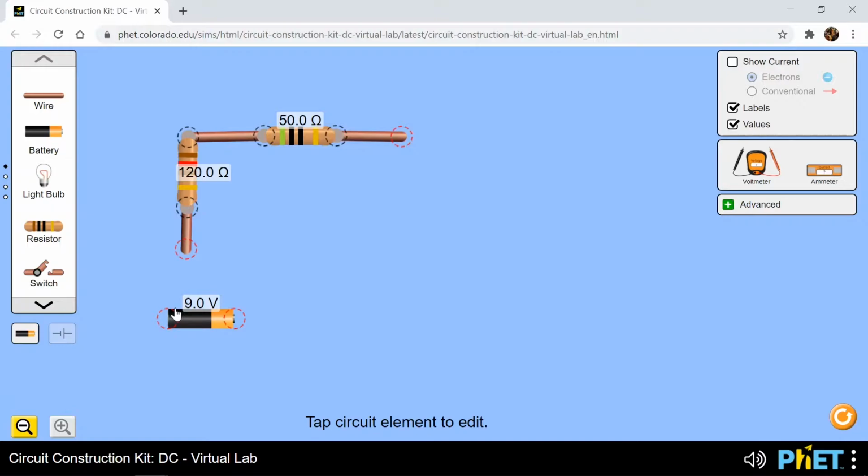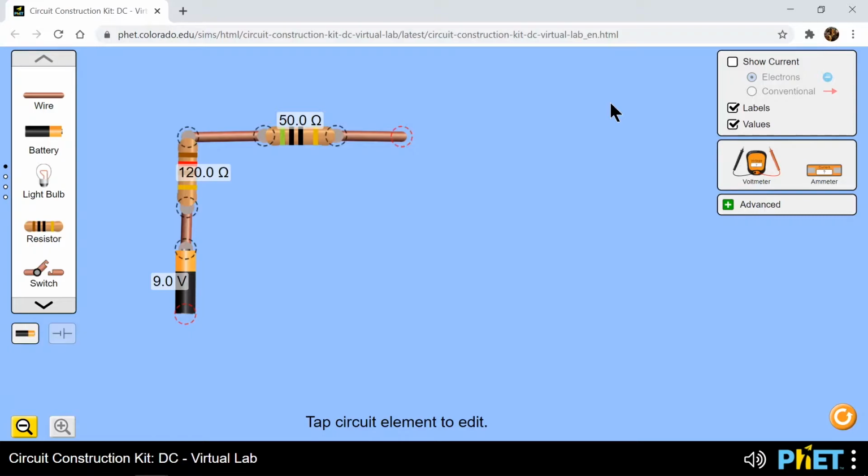And in our circuit diagram, the positive terminal is pointed up. So I want to connect the positive terminal here. And the value for V alpha is supposed to be 9 volts, so I don't actually need to change this one.